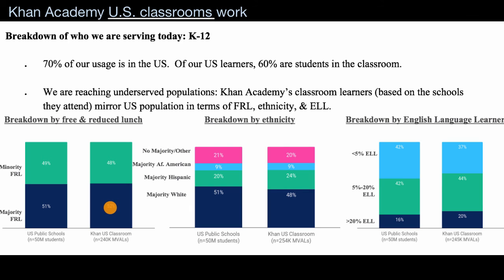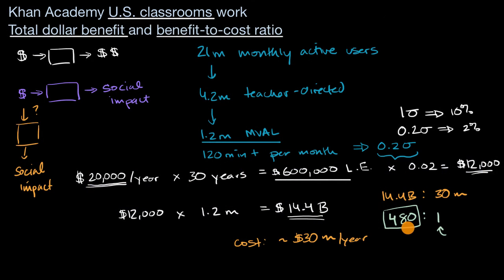About 52% is majority free and reduced lunch schools. We're also overrepresented in classroom usage for students of color and also for English language learners. But if we use majority free and reduced lunch as a proxy, we could say that roughly half of this impact is happening in high need schools.